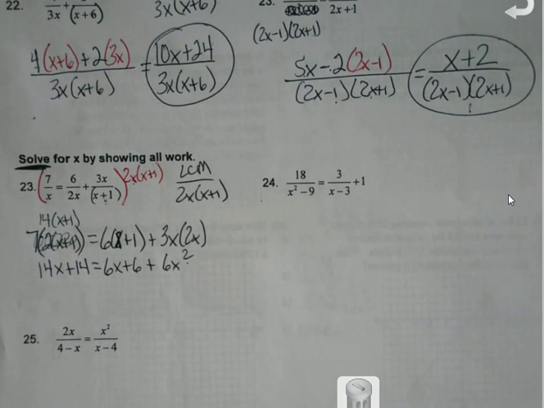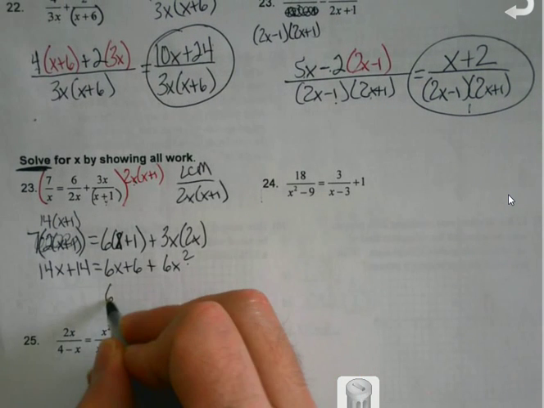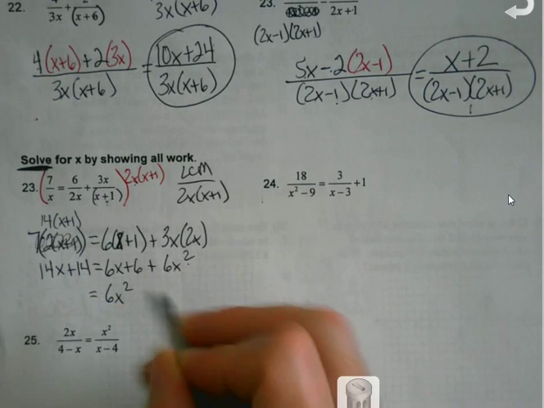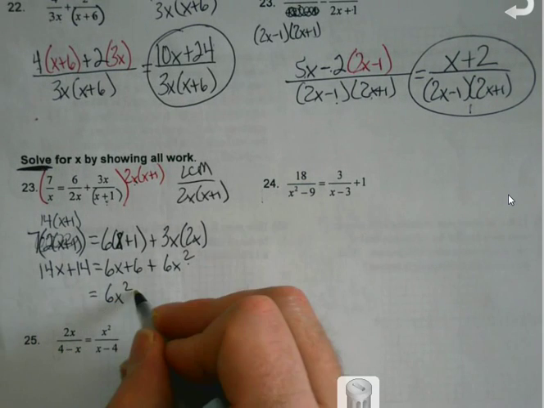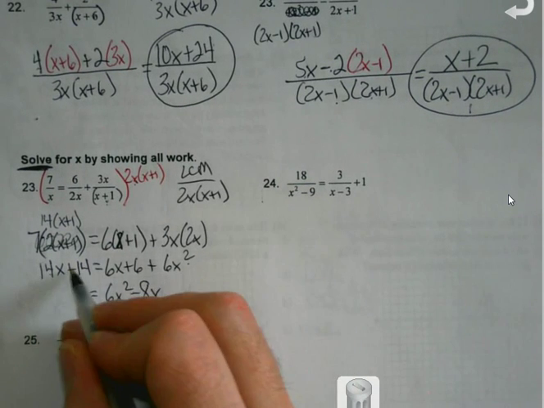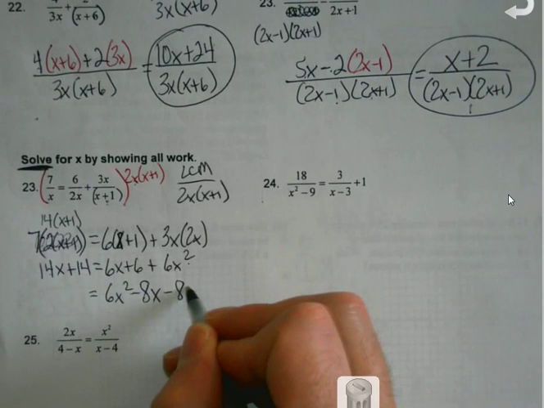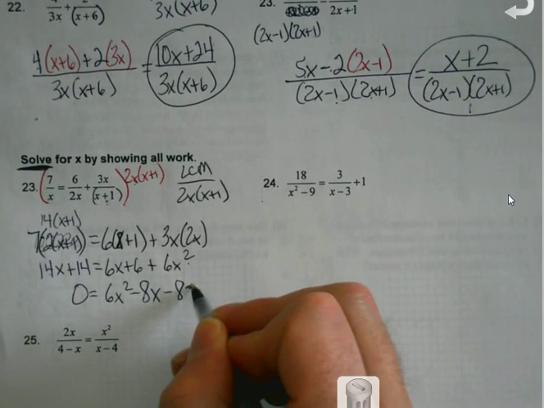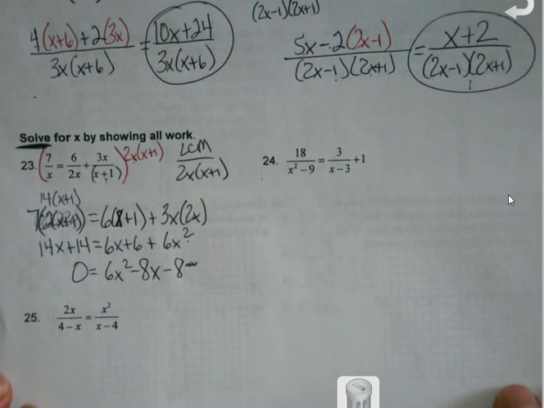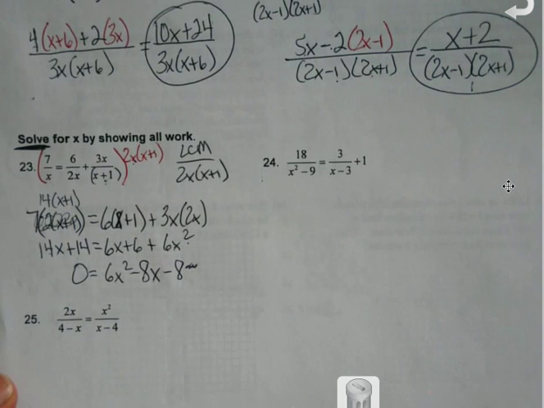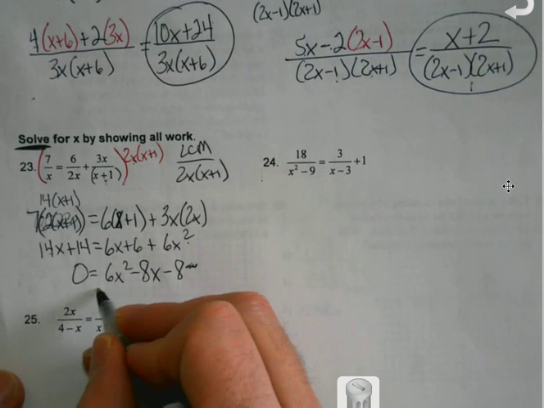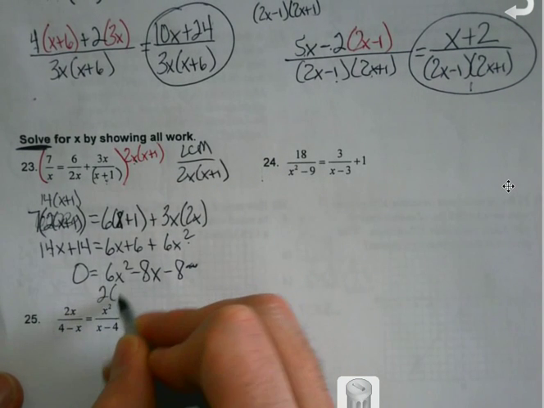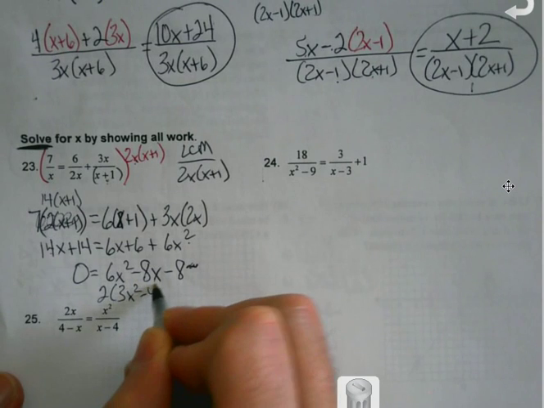I want all the terms to be on the x squared side, because I'm probably going to have to factor this. So I'm going to subtract the 14x over. I'm going to subtract the 14 over. And then I'm going to factor whatever's left. If I can take something out of there, I'm going to, because the smaller the numbers are, the easier it is to work with.